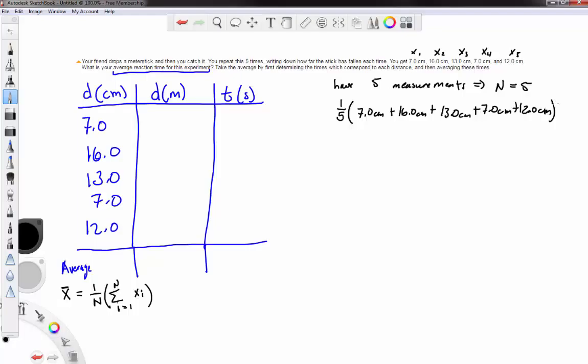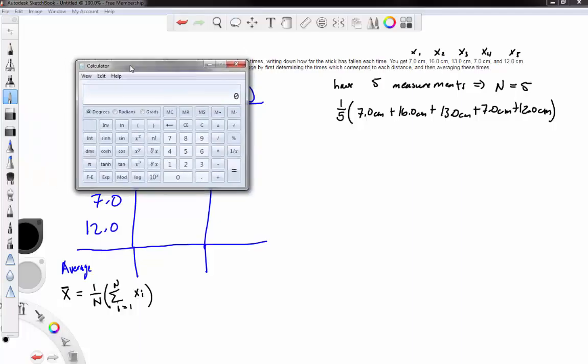Okay, so if you want at this point, you can use a calculator to do this. So we have 7 plus 16 plus 13 plus 7 plus 12. And it says that the answer is 55.